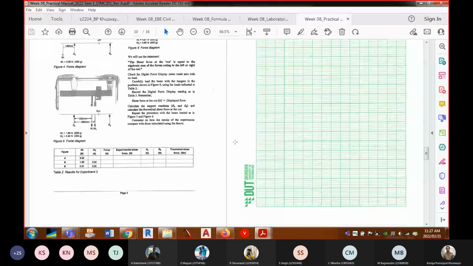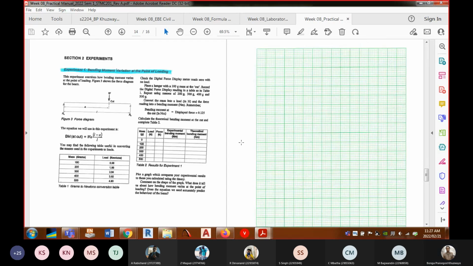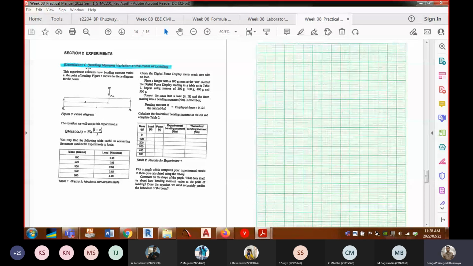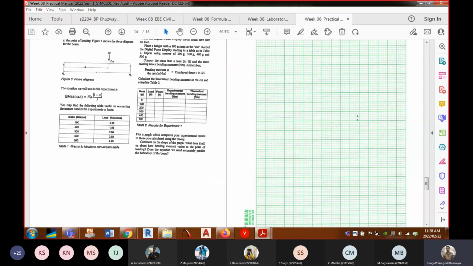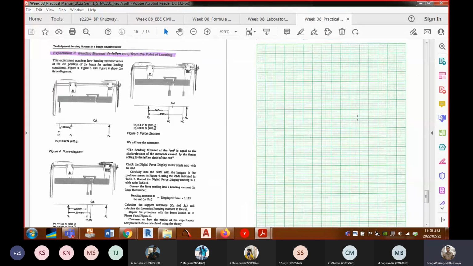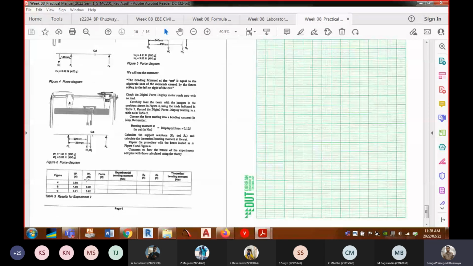Then there is experiment 3, the bending moment variation at the point of loading. Here you need to draw a graph. And then the last one is the bending moment variation away from the point of loading. You just need to take readings and then complete that part.